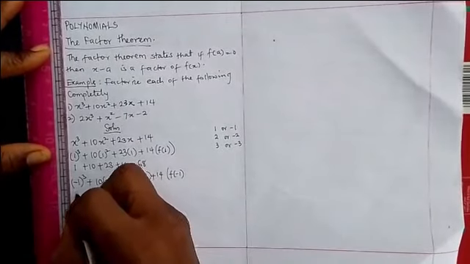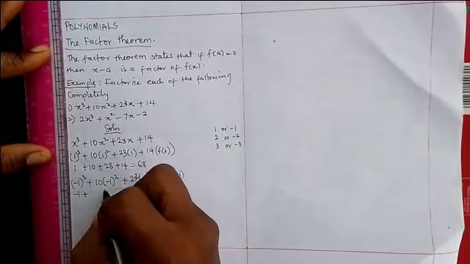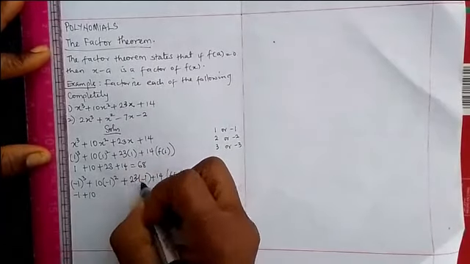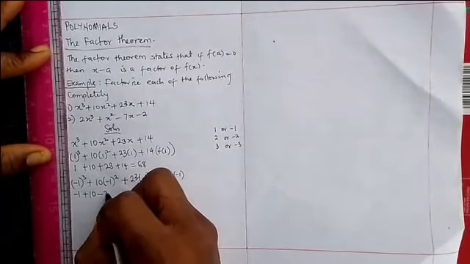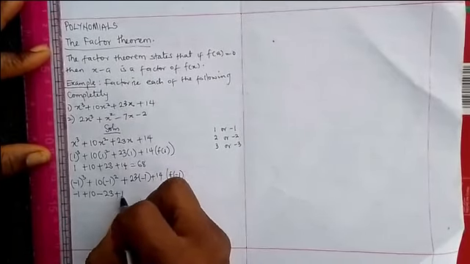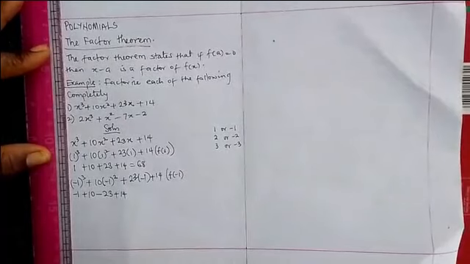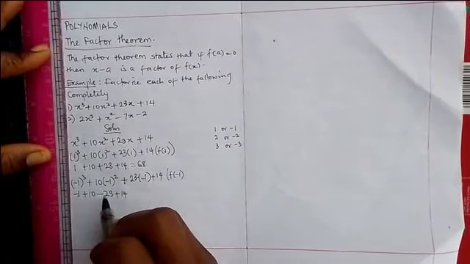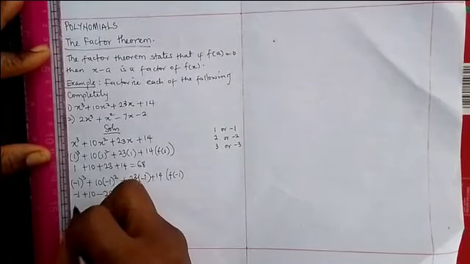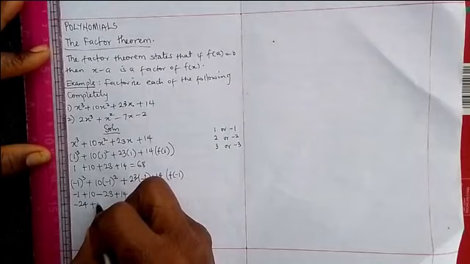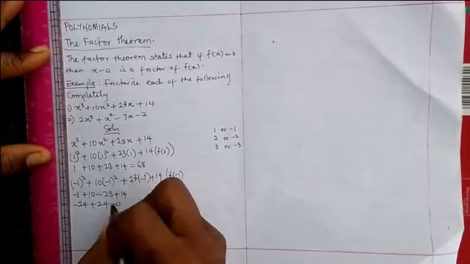So minus 1 raised to the power of 3 is minus 1, plus minus 1 raised to the power of 2 is 1, times 10. Minus times plus is minus 23, plus 14. Okay, so now let's add up the minus. Minus 1 minus 23 is minus 24, plus 10 plus 14 is 24, which gives us 0.